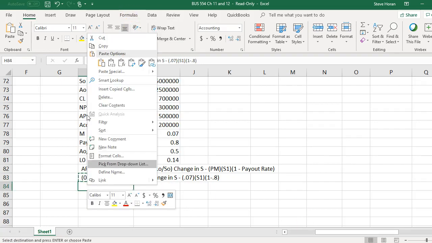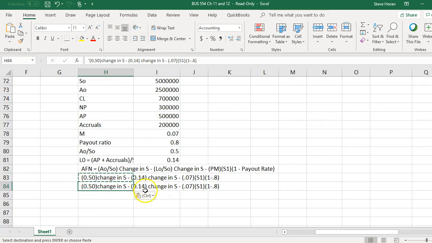So I copy that, bring it down to here, and then what I can do is simplify this in this next line to be 0.5 change in sales minus 0.14 change in sales minus 0.014 S1, after I take care of the 1 minus 0.8. So I take the 1 minus 0.8, which is 0.2, times the 0.07 to get 0.014. So that's the simplification there.